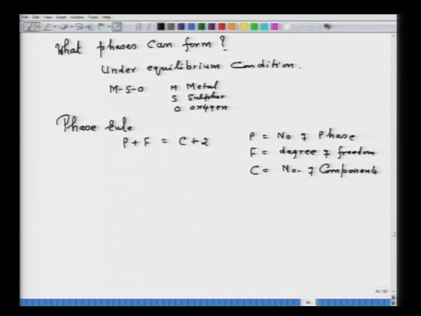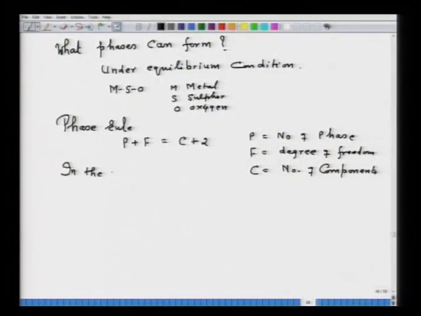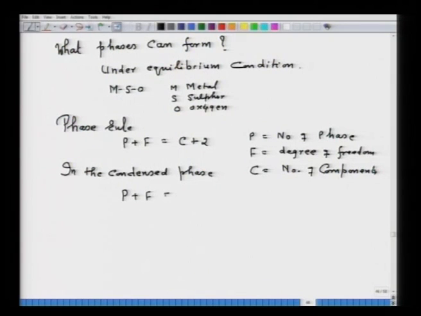Now, this 2 is coming because temperature and pressure are the thermodynamic parameters that will control the roasting process. Now, in the condensed phase, pressure has no effect. So, we can consider the modified form of the phase rule, P plus F is equal to C plus 1.